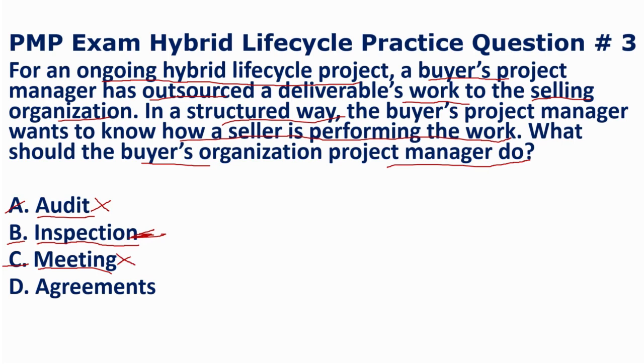Let's evaluate option D, which states that the project manager should review the agreements. Guys, this option is not the best one as agreements is the formal document which will not help the project manager to know the exact deliverables' actual work at the seller site.